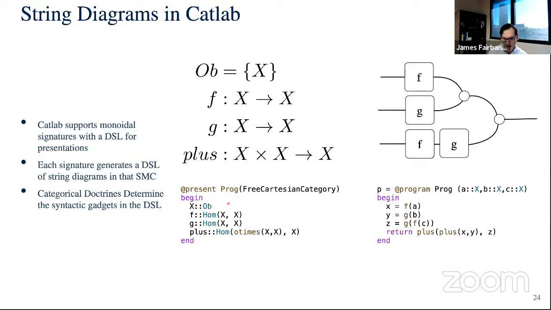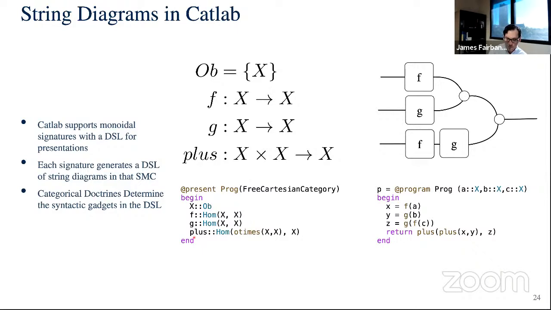So F from X to X, G from X to X, and plus, which I'm going to think of as a monoid, X cross X to X. And so this gets rendered in Catlab, and I'm going to think of this as a free Cartesian category generated by these generators. So this gets rendered into code in this very direct one-to-one translation from how you'd see the monoidal signature written down in a paper.